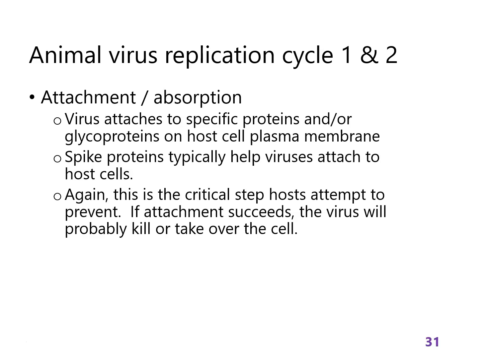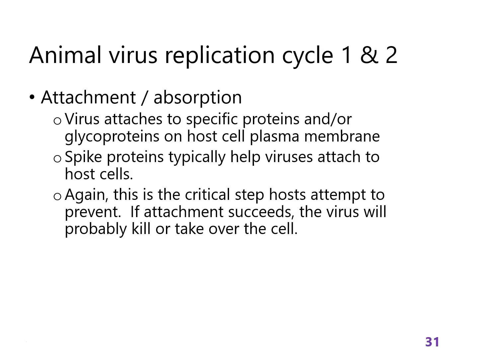Again, it's the critical step where something has to match perfectly. That is, the virus has to perfectly match certain receptors on the host cell surface, or the other way around. There has to be that perfect lock between a receptor and what it detects. And usually the virus is going to mimic what a host receptor is looking for.